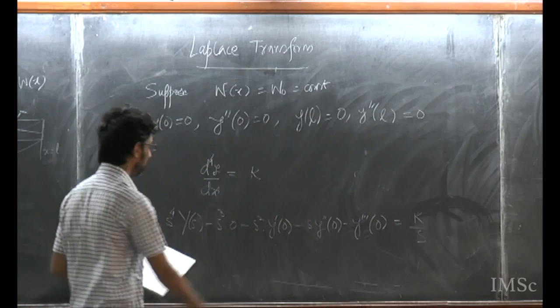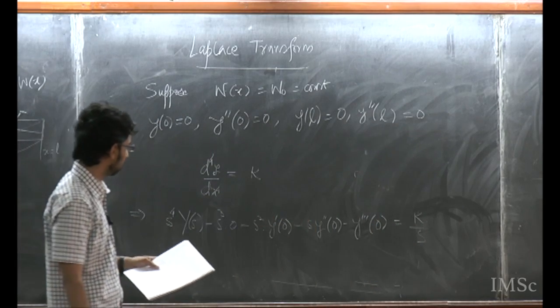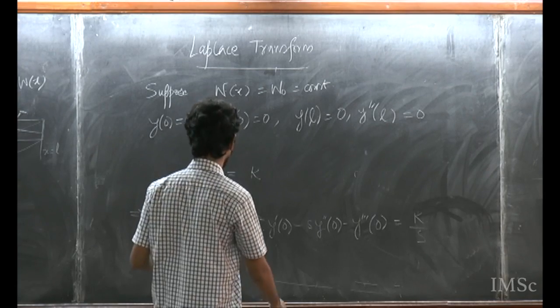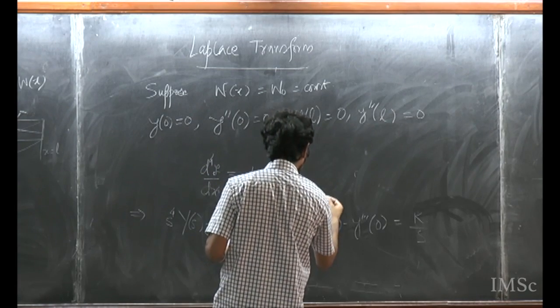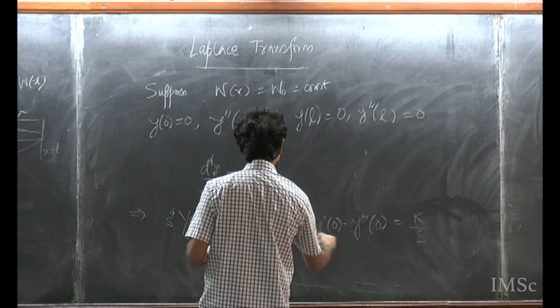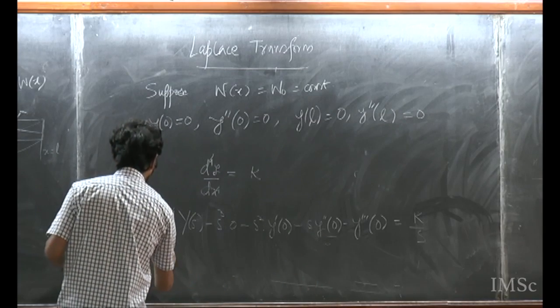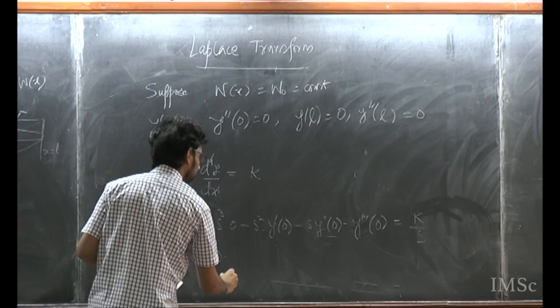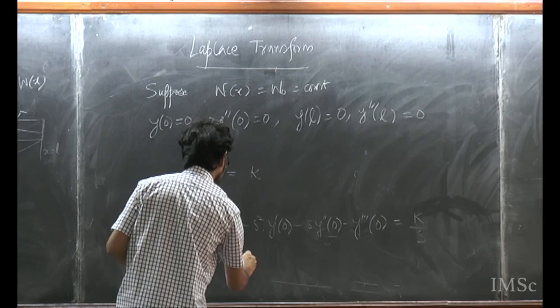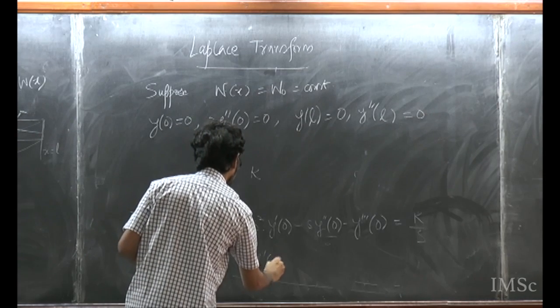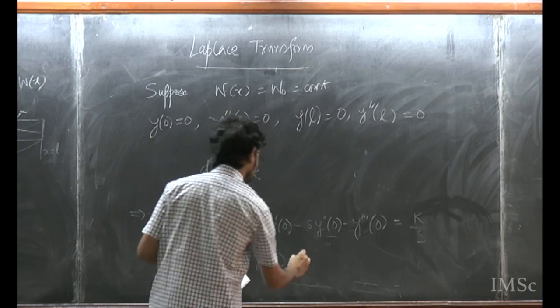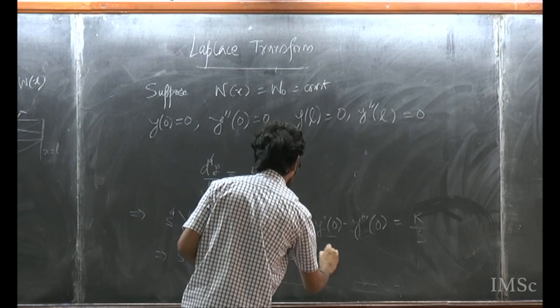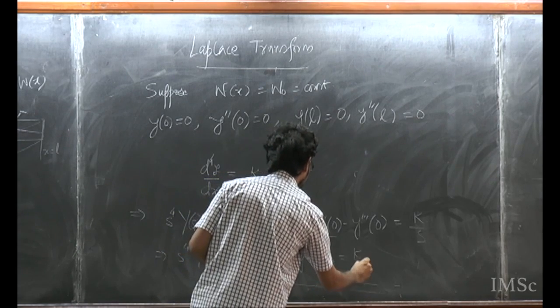So we are taking the Laplace transform, so there will be an s. So what are all 0? This is also 0, yeah? So this is 0. So you get s^4 Y(s) minus s squared y prime 0 minus y triple prime 0 equals k by s.